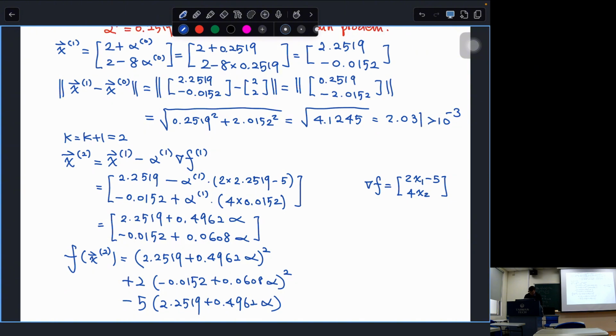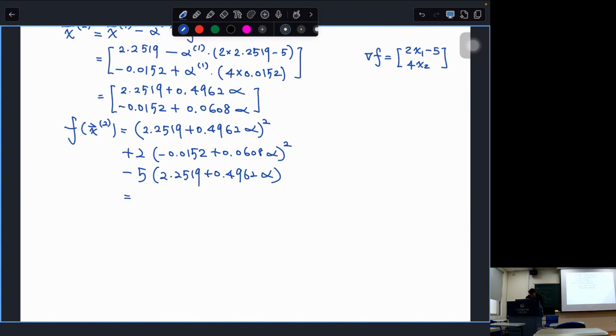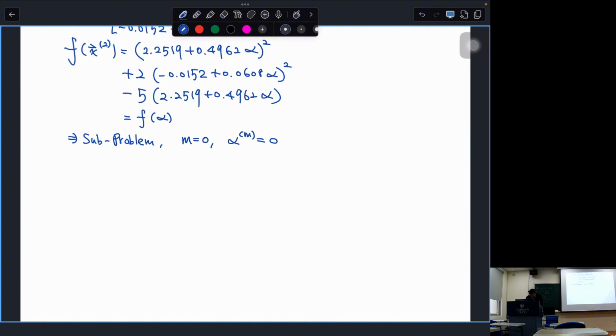So if I continue, this will become a function of alpha, right? Then I go into the subproblem with m equals 0, alpha m. Again, I have an initial guess of 0. So I know alpha m plus 1 equals alpha m minus f prime of alpha m over f double prime of alpha m. And then perform one-dimensional Newton iteratively.